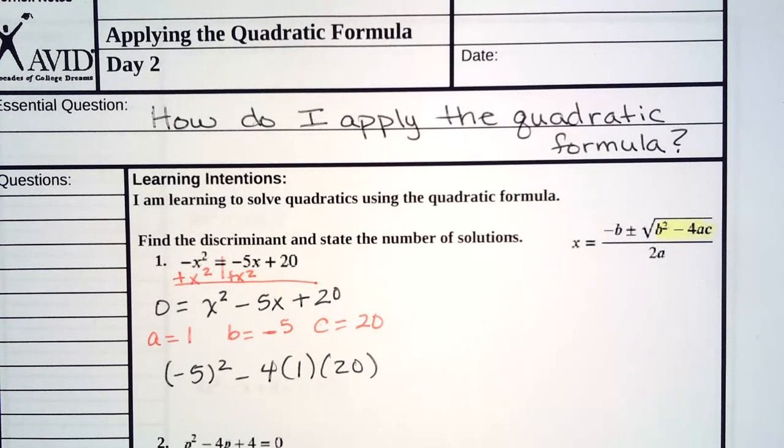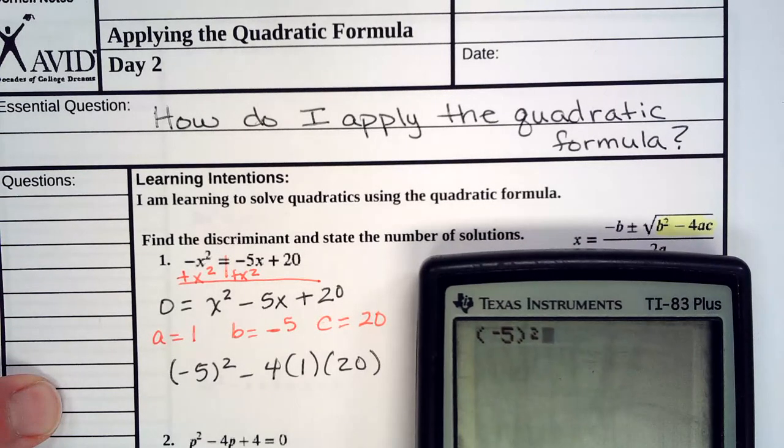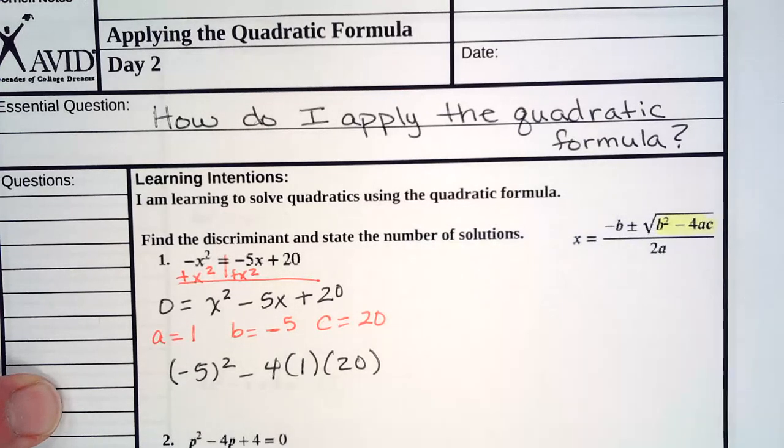Now, just simply because we use bigger numbers, it is easier to quickly find the answer with your calculator. So negative 5 squared minus 4 times 1 times 20, and I get negative 55.